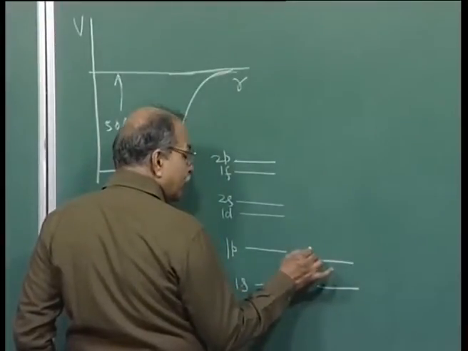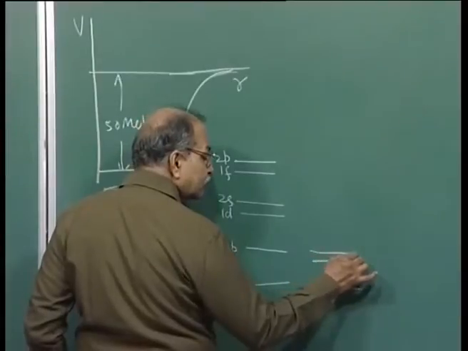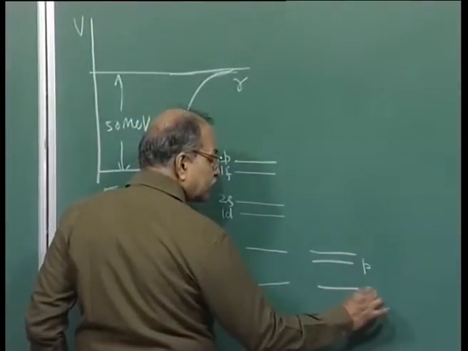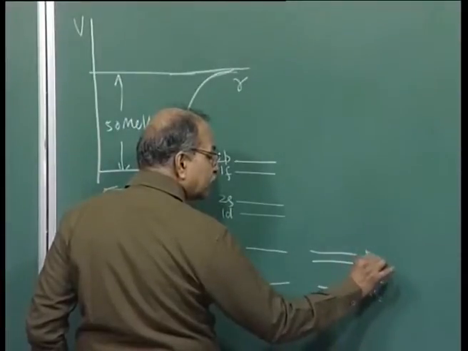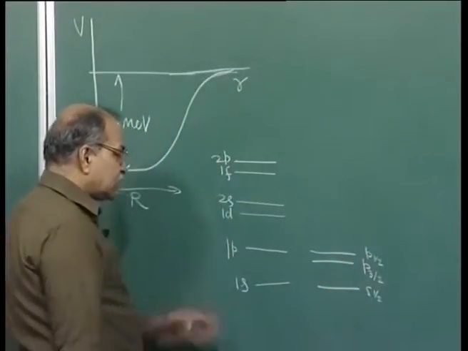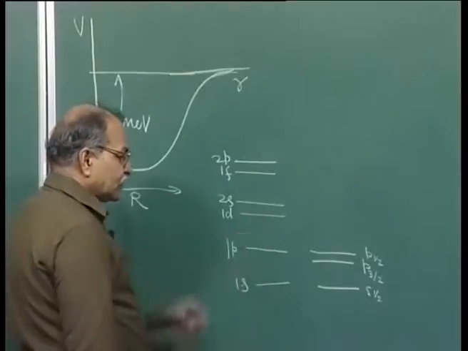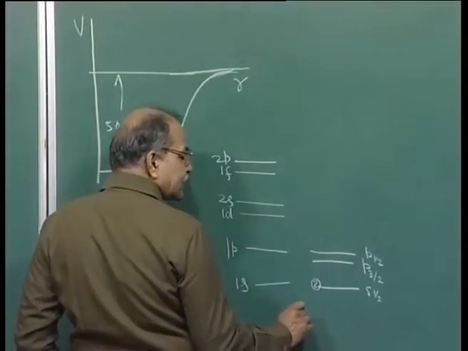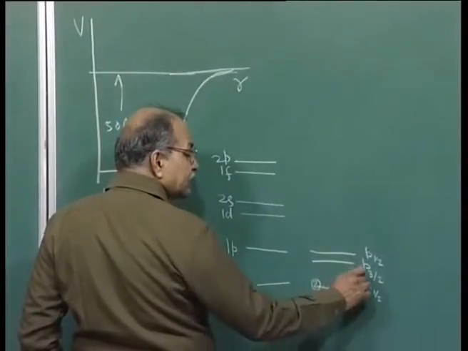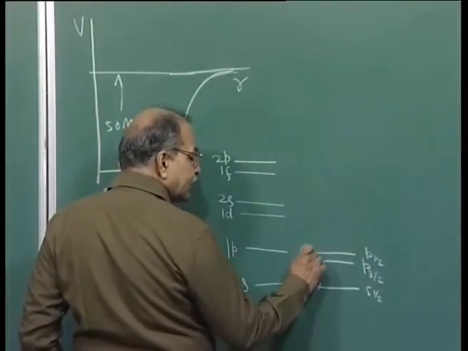You will put it in two parts. P 1 by 2, P 3 by 2. P 3 by 2 down, P 1 by 2 up, right. So this P goes here, then this shell closes at 2 and this is 6. So this closes at 8.